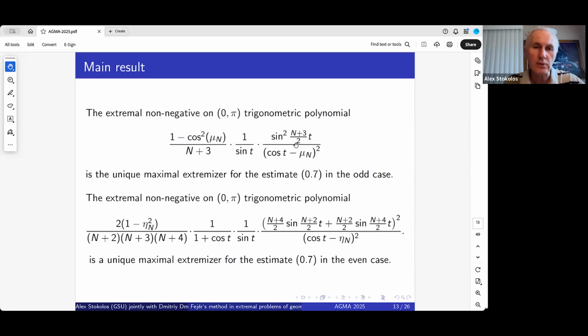In the odd case, we found the coefficients, but they are really ugly. In the even case, we were not able to find the coefficients, unfortunately. But it's surprising, for us at least, that we were able to find the compact form, the closed form of the polynomial without finding the coefficients, which is kind of irrational.